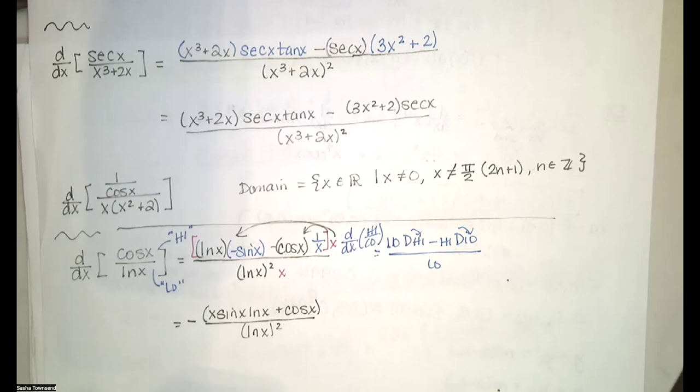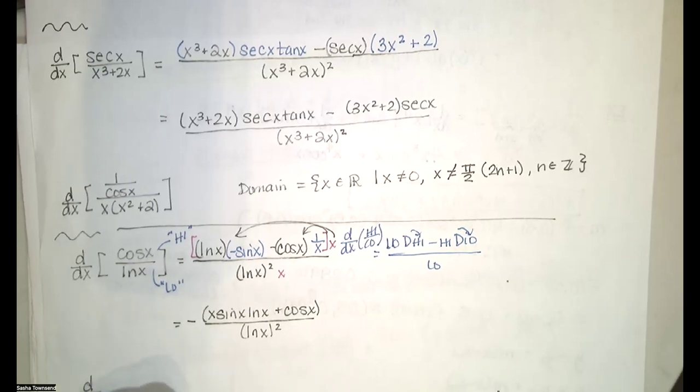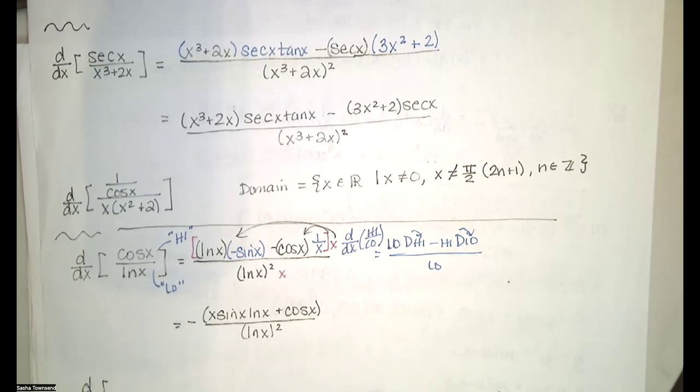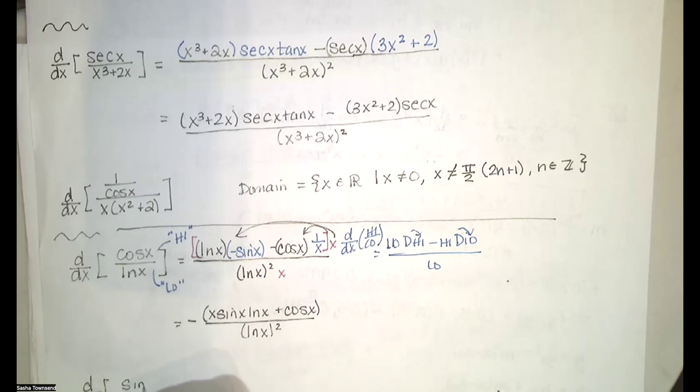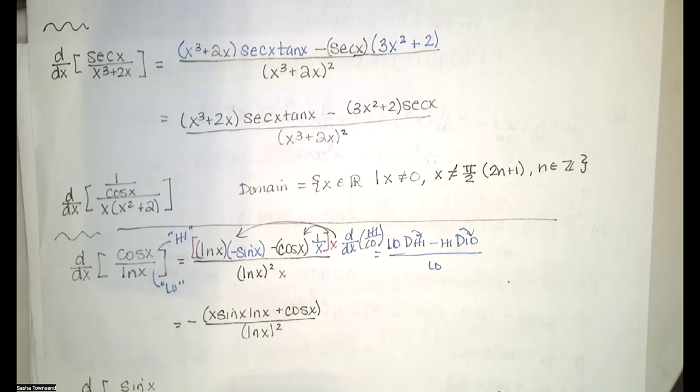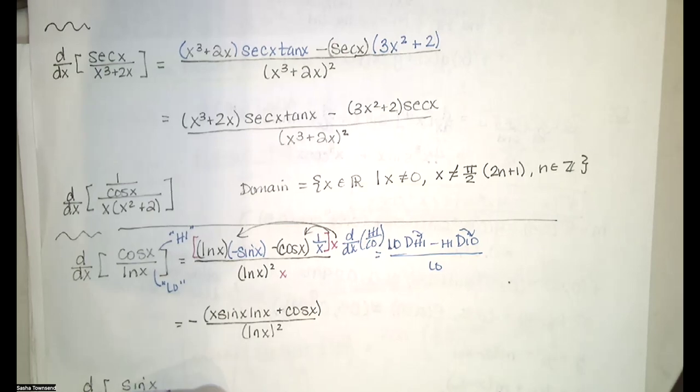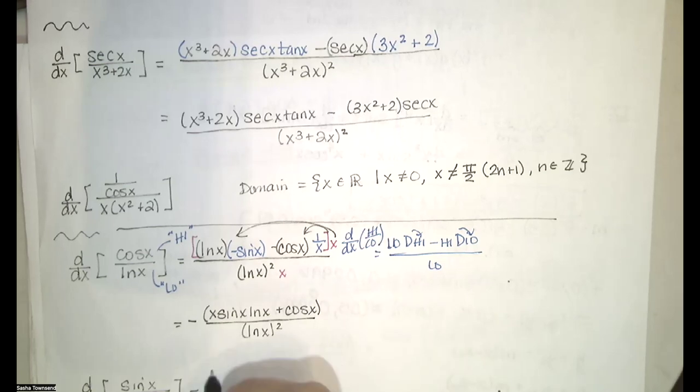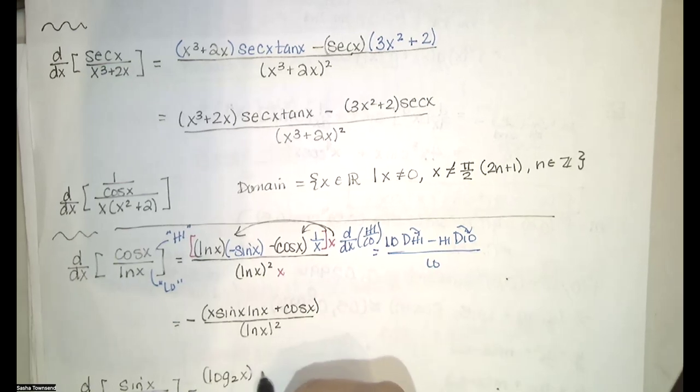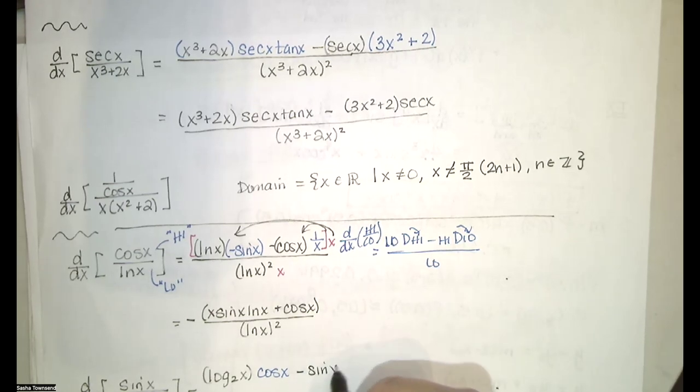So we'll graph those in a bit. Let's do one more example by hand, and then we'll look at the graphs again. And this one I've got sine of x divided by log base 2 of x. And so we'll have low d high. The derivative of the high function, or the top function, is cosine of x, minus high d low.